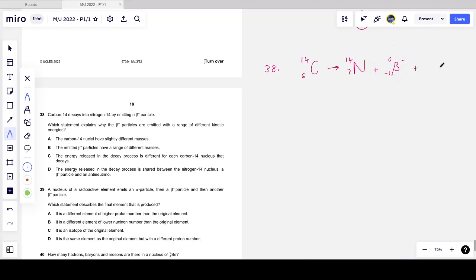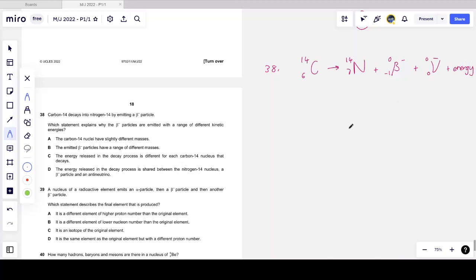And don't forget that an electron antineutrino is also produced in this process. It doesn't have a mass number or atomic number, doesn't contain any protons or neutrons. And also, there's some energy that is produced in this process.